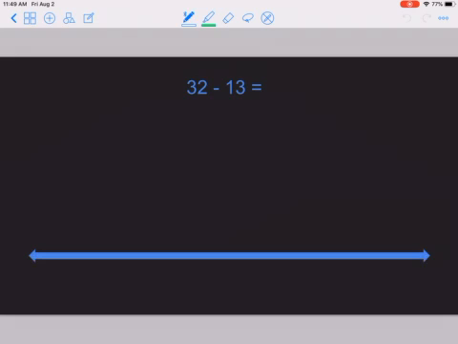So when we were adding, we were moving from left to right because we were starting with a smaller number and then getting bigger.